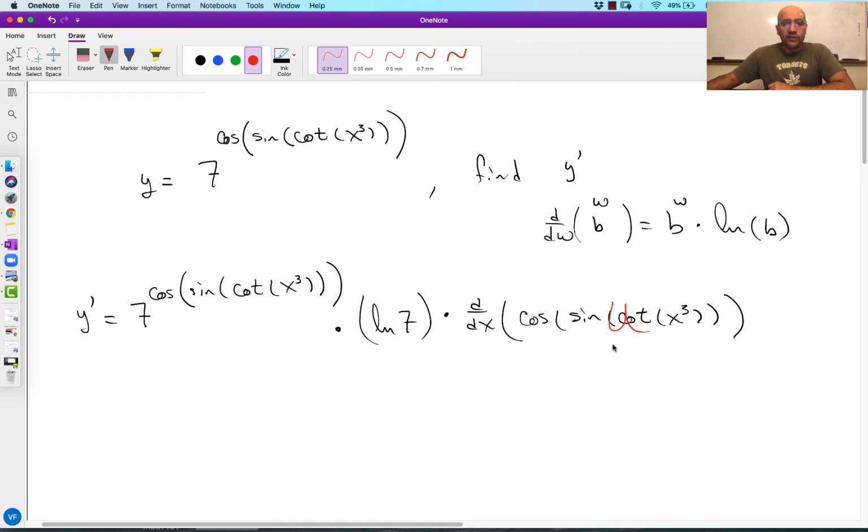The derivative of cosine of u with respect to u would be negative sine of u. So I'm going to put this ln 7 out in front, since it's just some number, we're used to putting the constants out in front. So y prime equals ln of 7 times 7 to the power of cosine of sine.